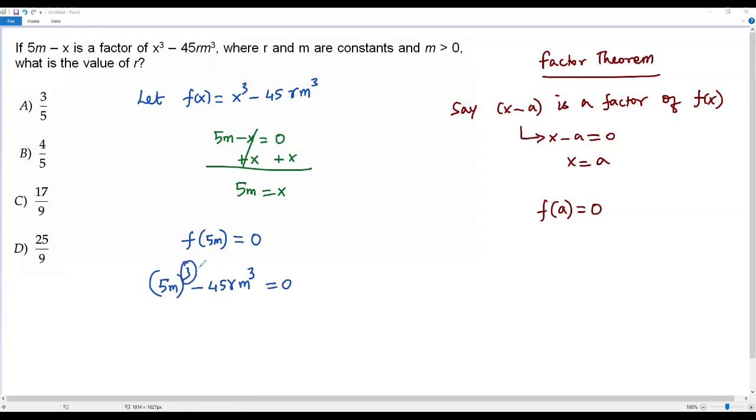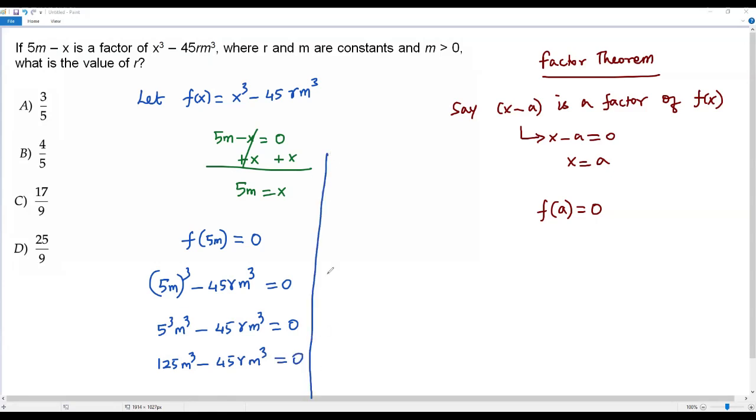Whenever we have a common exponent for a product, we can distribute the exponent to each term and multiply the results. Then I get 5³m³ − 45rm³ = 0. Evaluating 5³, it's 125m³ − 45rm³ = 0.